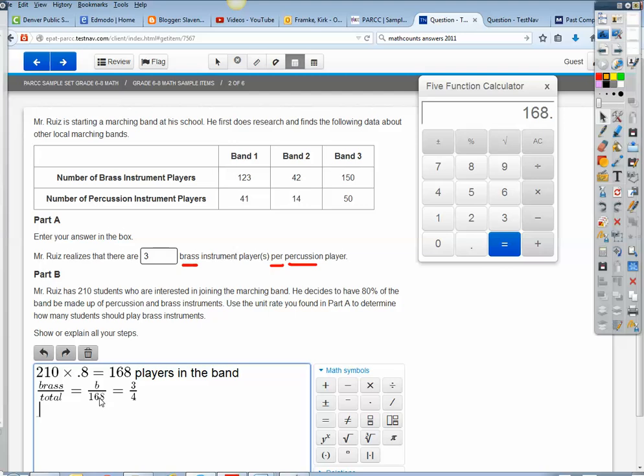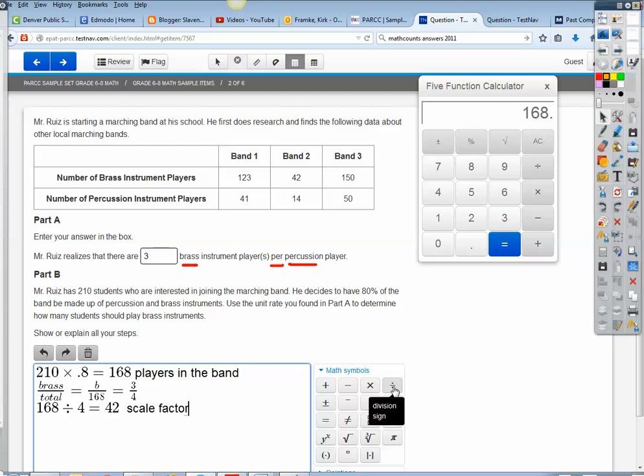I'd have to do 168 divided by 4, and that is going to equal 42. And this 42 is going to be my scale factor.